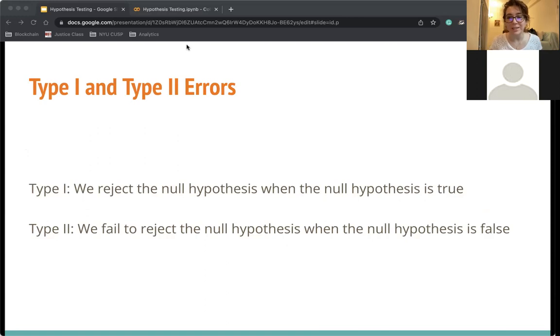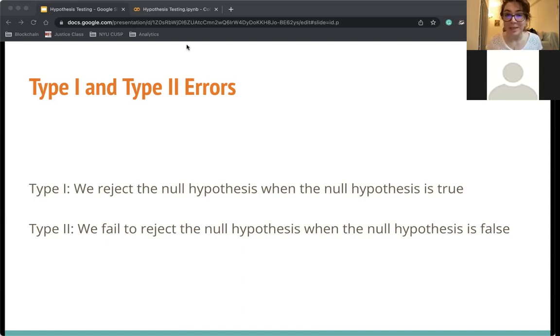This is how we need to start thinking about whether we made an error in our hypothesis testing, because this hypothesis test is still based on limited sample information. We're bound to make errors.